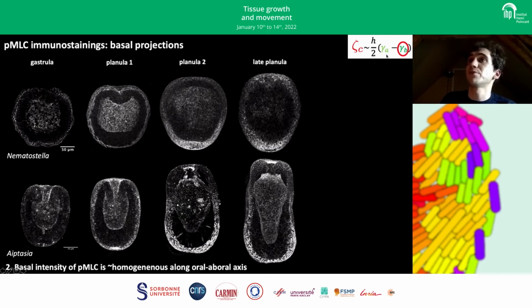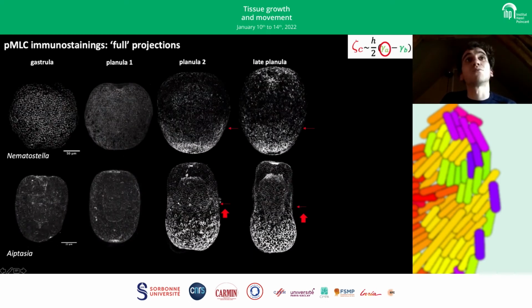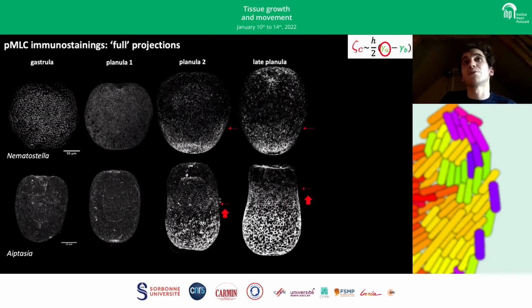For the last parameter, gamma A, here I put now full projections. As you can see, it is not constant across the axis. It's not homogeneous. There is an enrichment in the aboral side. You can see it's more intense in the bottom. The extent of this aboral region is larger in Aptasia, and sometimes it goes very large.